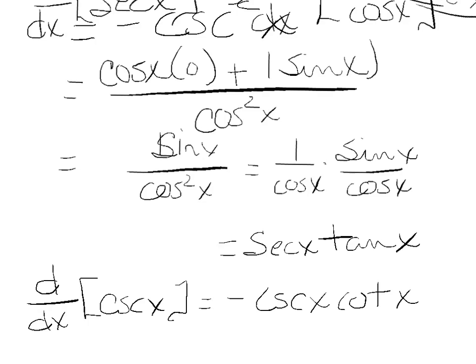So now we've got the derivative of the sine, the derivative of the cosine, the tangent, which is secant squared, the cotangent, which is negative cosecant squared. We have the derivative of the secant, which is secant x tangent x, and the derivative of the cosecant, which is negative cosecant x cotangent x. So we have all 6 trig functions now.